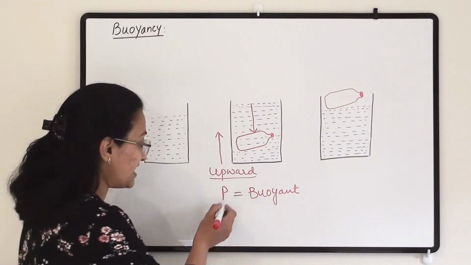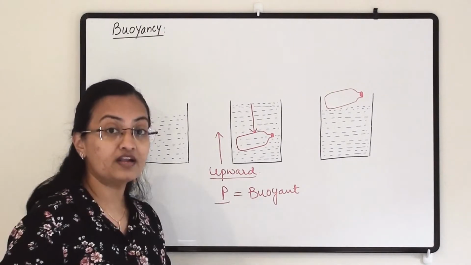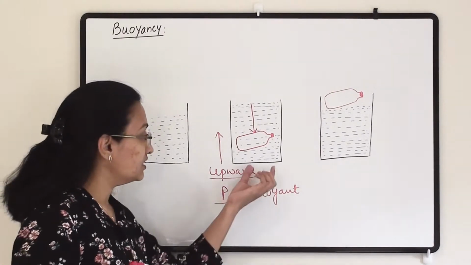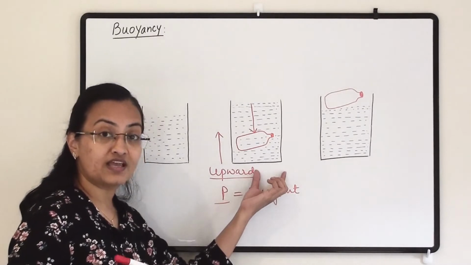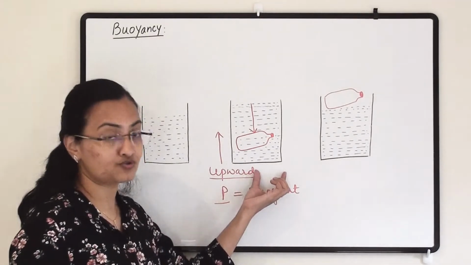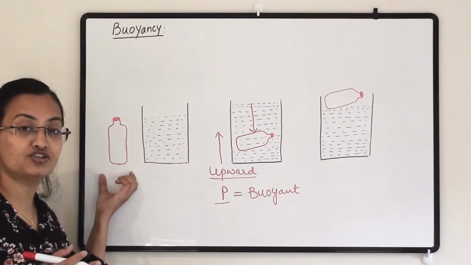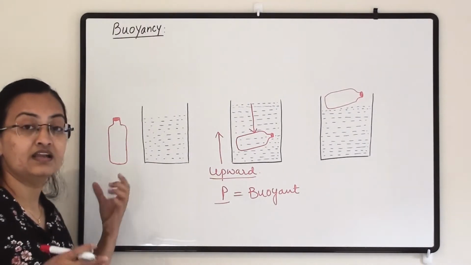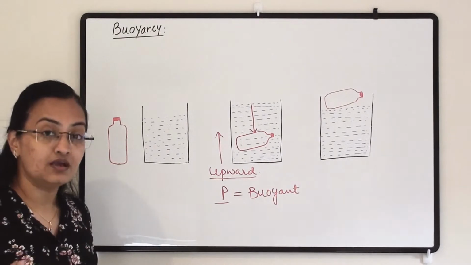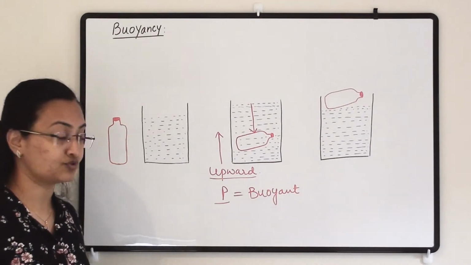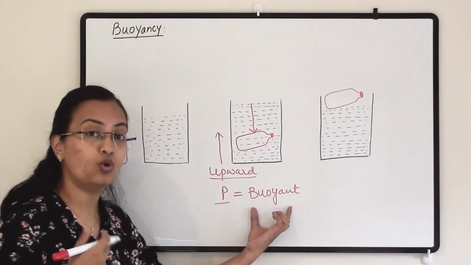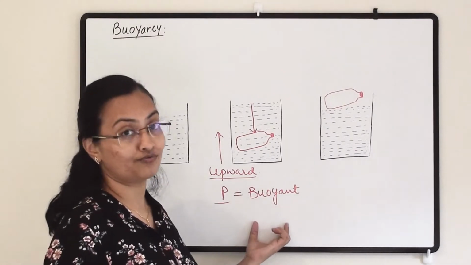As soon as I release the pressure, the buoyant force will overcome the gravitational force and the weight of the object, because we know that the weight of this object is very light. Even though the gravitational force acts on it and the weight is there because of the gravitational force, the buoyant force will overcome that weight of the object.